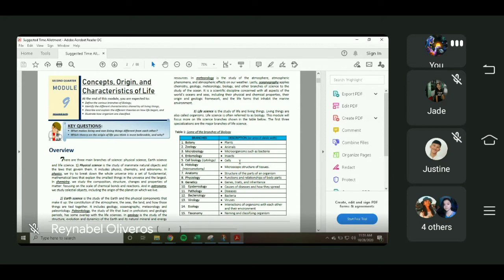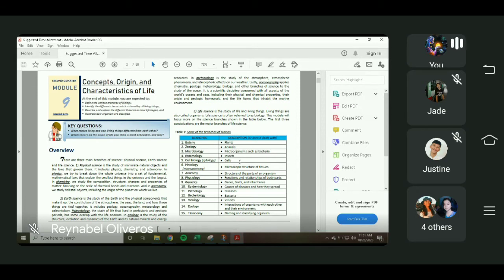Physics is where we try to break down the whole universe into a set of fundamentals, the mathematical laws that explain the smallest things in the universe and the largest. In chemistry, we study the different compositions, structures, changes, and properties of matter.